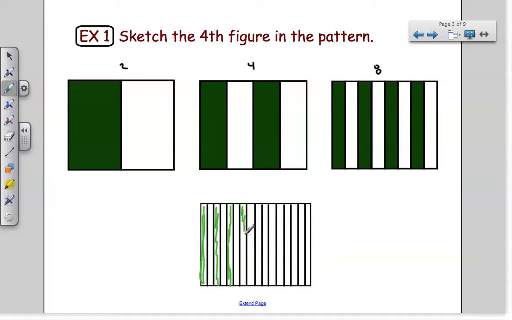I'll have 8 green rectangles, 8 white rectangles in an alternating fashion. You can see I'm doing a great job coloring here. And it'd be something like this. Not perfect, but it follows the pattern. There's my conjecture based on the inductive reasoning and the pattern I observed. So that's a visual pattern, one type of problem you'll see today.